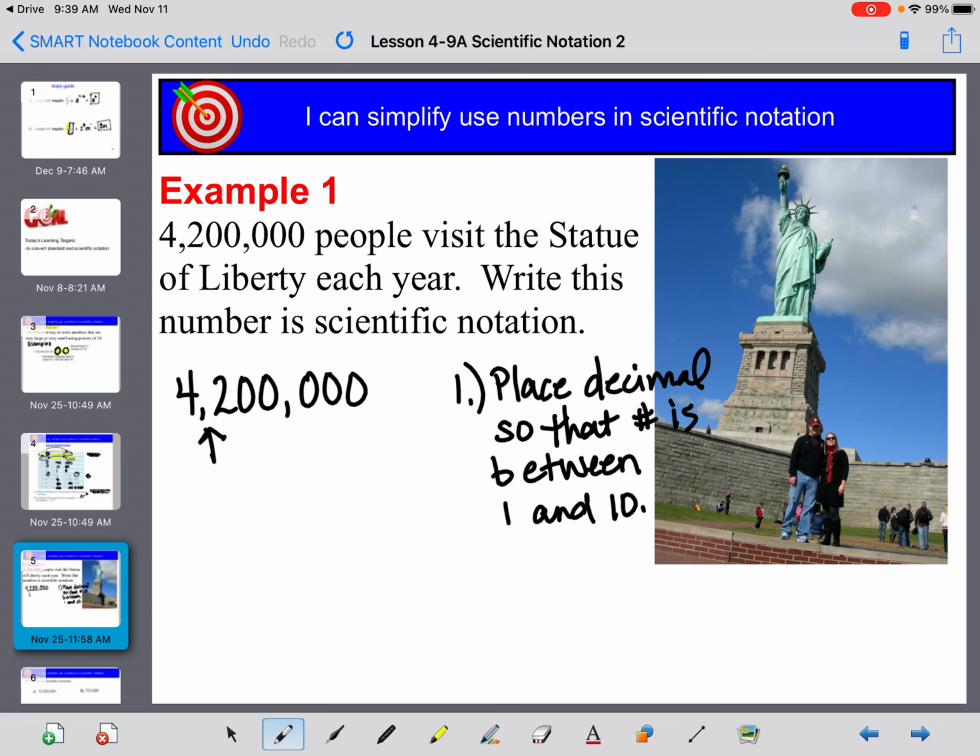In this case, between the 4 and the 2. Now, the second thing you're going to do is count the number of places to move the decimal back where it belongs.